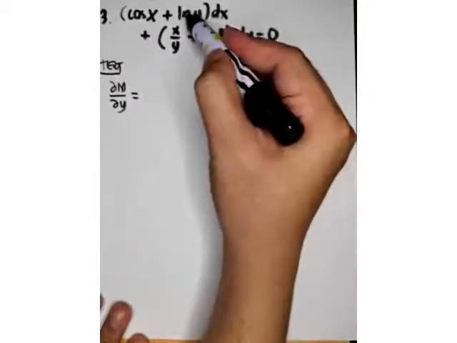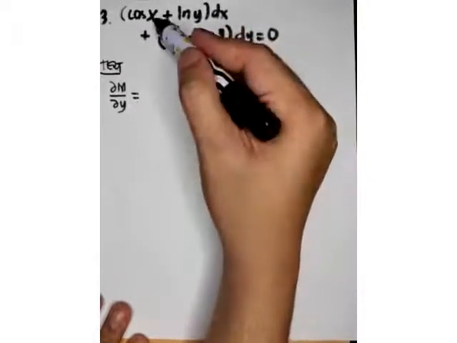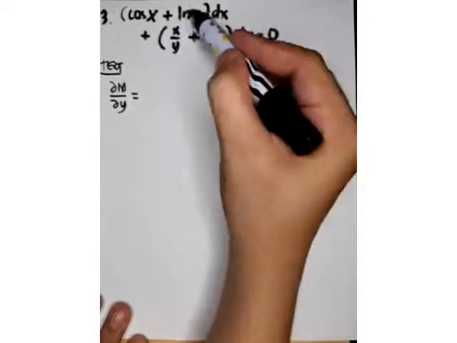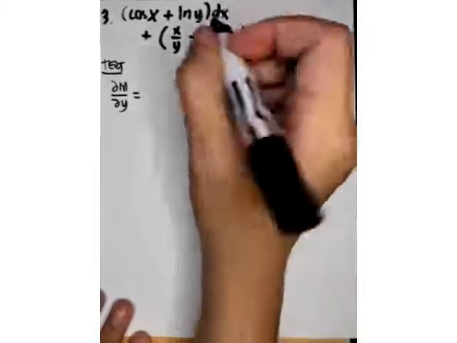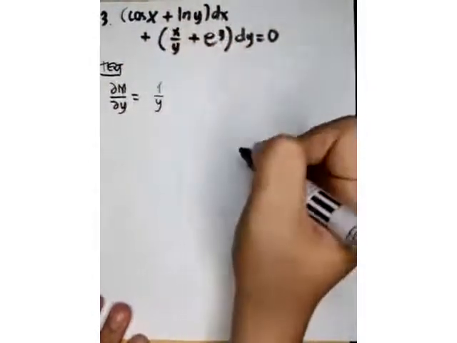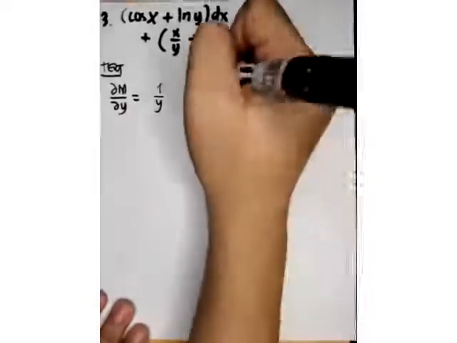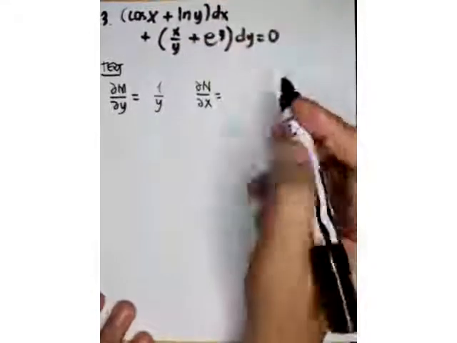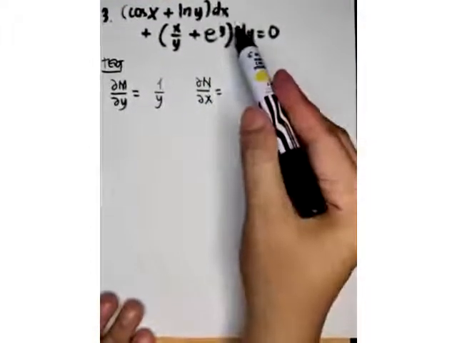So let's derive M with respect to y. So that means x will be constant. So cosine x is considered constant. Anong derivative ng ln of y? So that will be 1 over y. Okay, and the partial derivative of N with respect to x, lahat naman ng y ngayon will be constant.